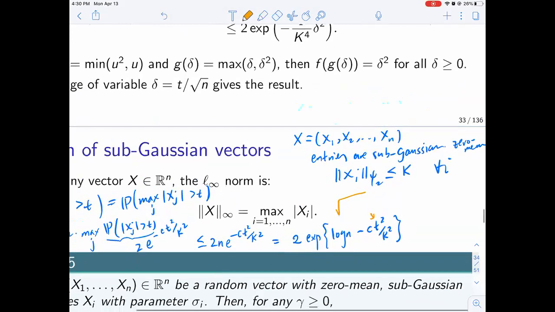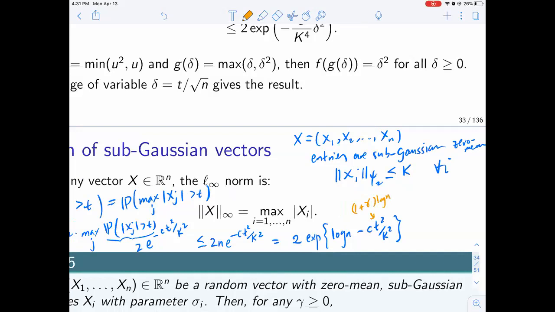Let's do it with the size of the Gaussian norm. You want t to be bigger than k times root log n.